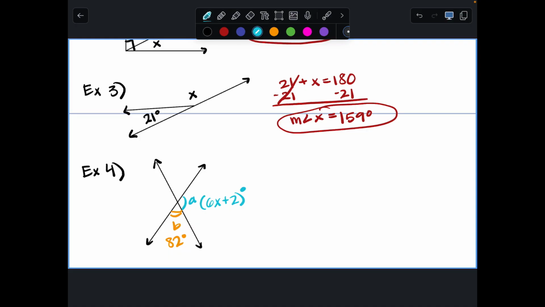So first I'm going to ask you to solve for x. We know that the measure of angle A plus the measure of angle B is 180. So now we can just substitute in 6x plus 2 plus 82 equals 180.